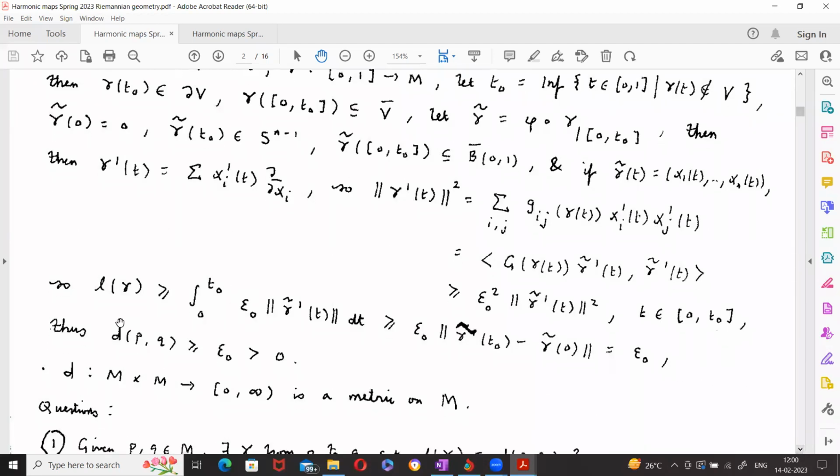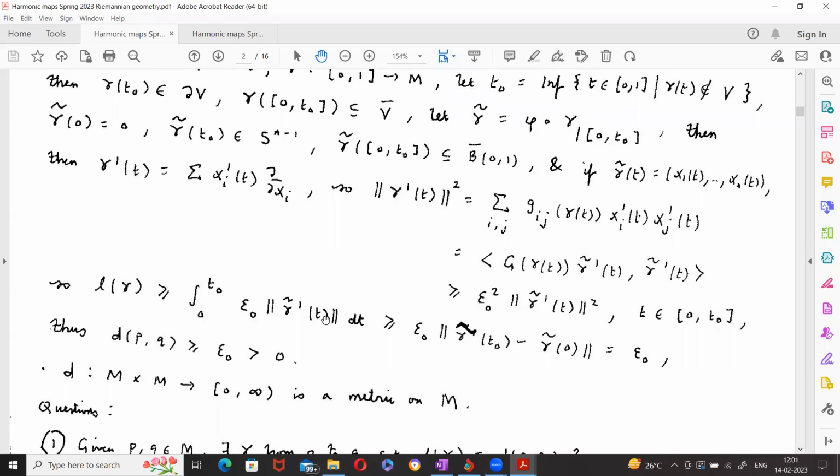Okay. And therefore, the length of gamma is greater than or equal to the length of gamma on the interval [0, t naught]. And there, the norm of gamma prime is greater than or equal to epsilon naught times the Euclidean norm of gamma tilde prime. So this is going to be greater than or equal to the integral from 0 to t naught of epsilon naught times the Euclidean norm of gamma tilde prime.